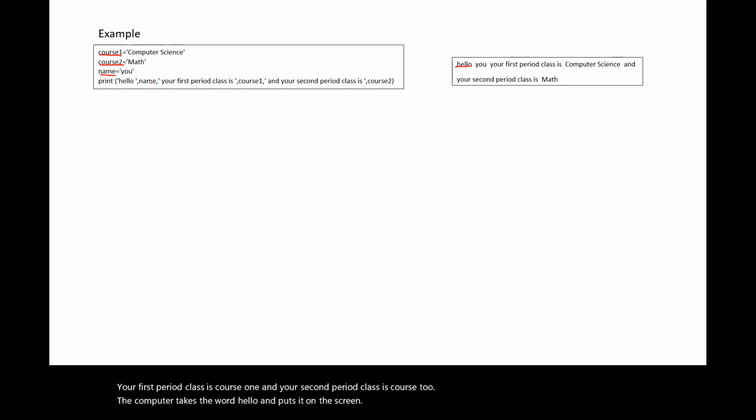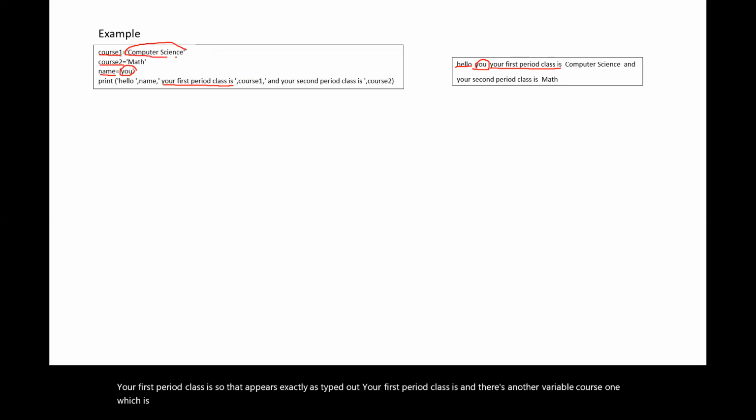It looks for the name, which was you. So now it says hello you. Your first period class is, so that appears exactly as typed out. And there's another variable, course 1, which is computer science. So computer science now appears.